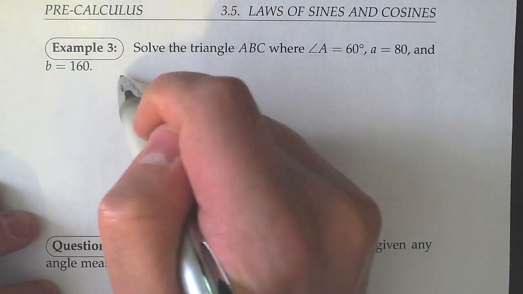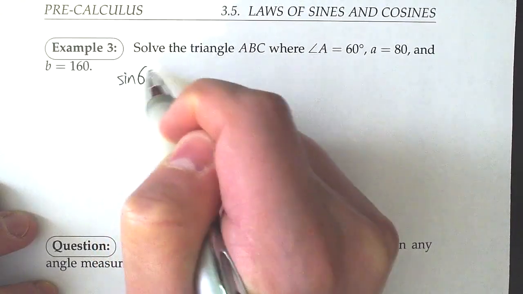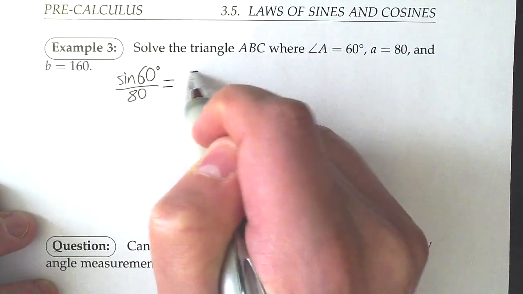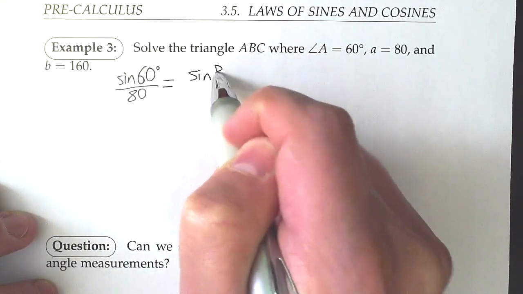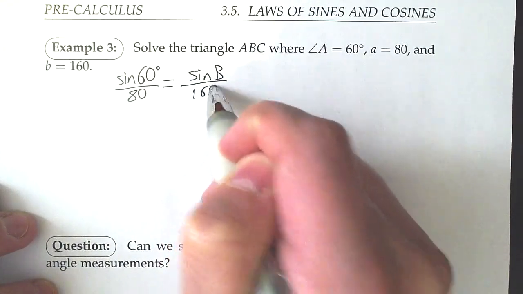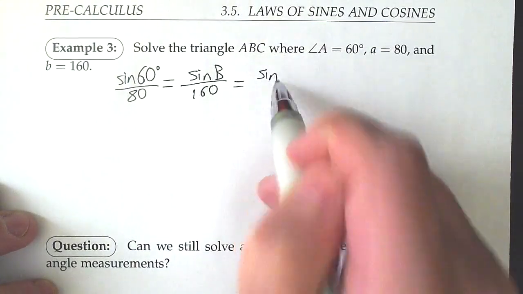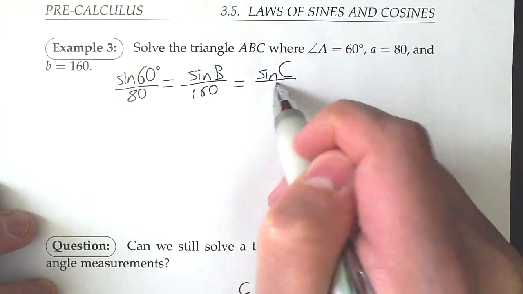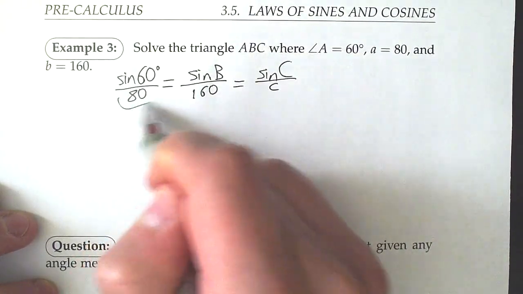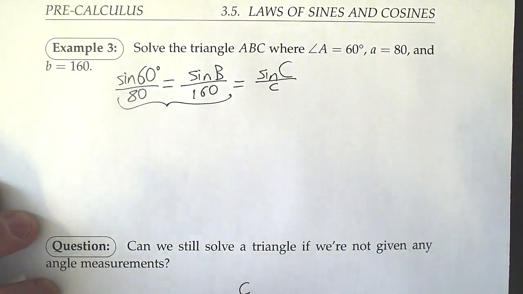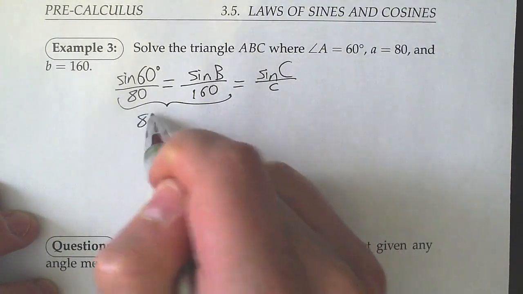We could just jump right into the law of sines and say sine of 60 degrees over 80 equals sine of b over 160 equals sine of c over c. So I guess what you would do is take these 2 parts and say, maybe we'll be able to solve for uppercase B, cross multiply.